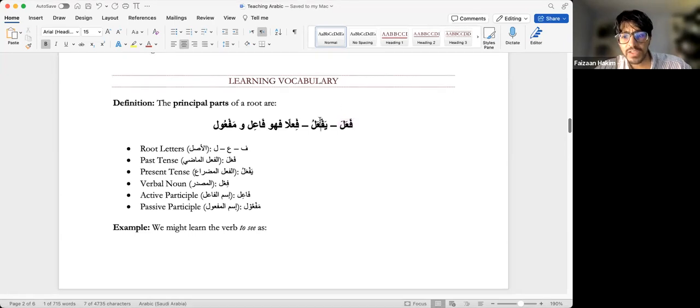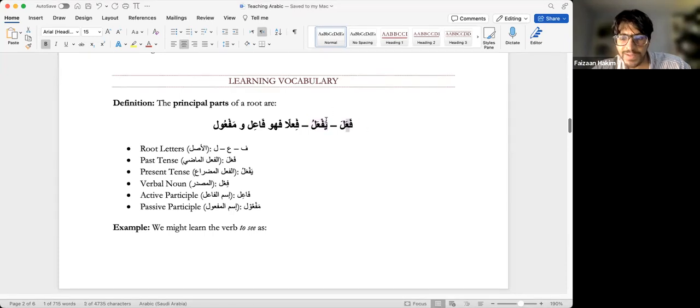Now, it actually is possible at some stage to know what the present tense is going to be, but really we'll just give it. You'll say فعل يفعل. And what we should notice is that these middle vowels will change.